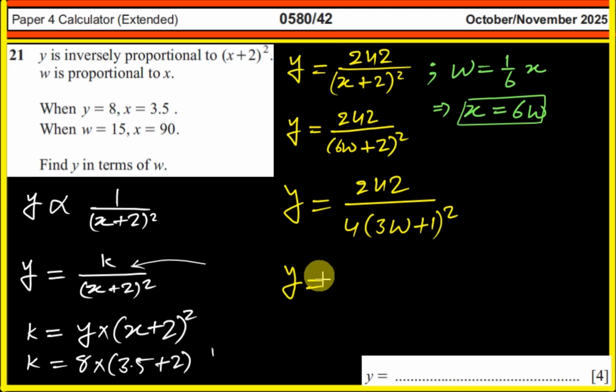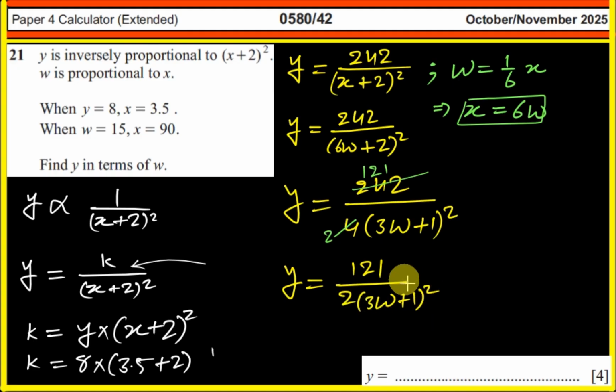Further, if you want to simplify, you can cancel it with 2: 4 is 2 times 2, and 242 is 121 times 2. So we finally get 121 upon 2 within bracket (3w plus 1) whole square. So this will be the final answer.